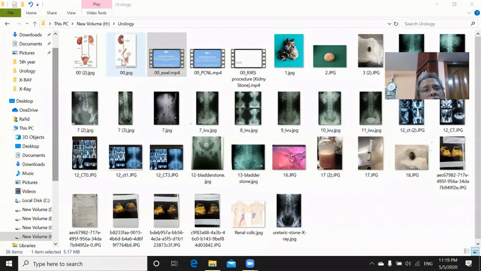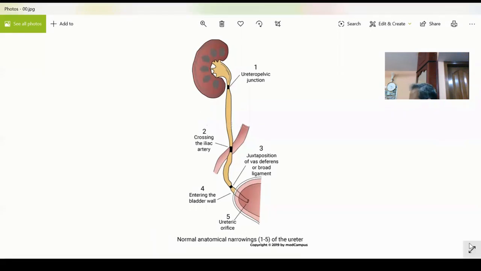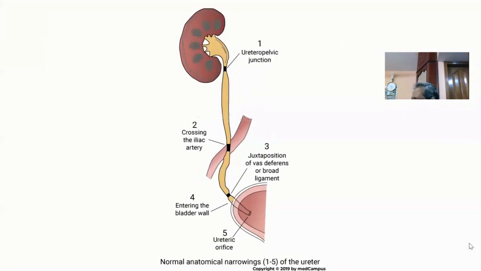So some other management is needed whenever a ureteric stone is smaller in size, usually less than 1 centimeter or 0.7 centimeter in the pelvis or the ureter. We usually don't go for any sort of surgical treatment. We first wait and see for natural expulsion, which is called expectant treatment.